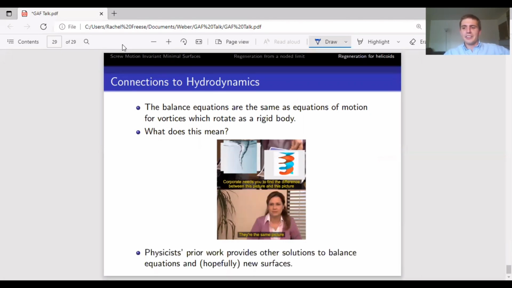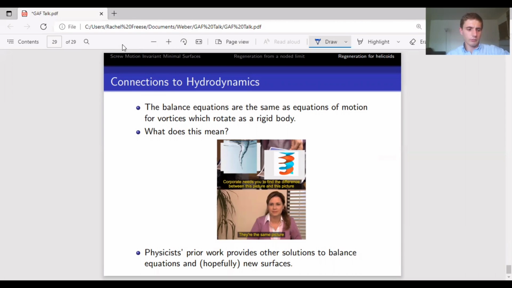But another nice fact is that this is something physicists have been working on for a few years, right? So they actually have found other solutions to balance equations than the ones that I introduced, some that are a lot less symmetric. And as far as I know, they are not interested in the non-degeneracy condition.